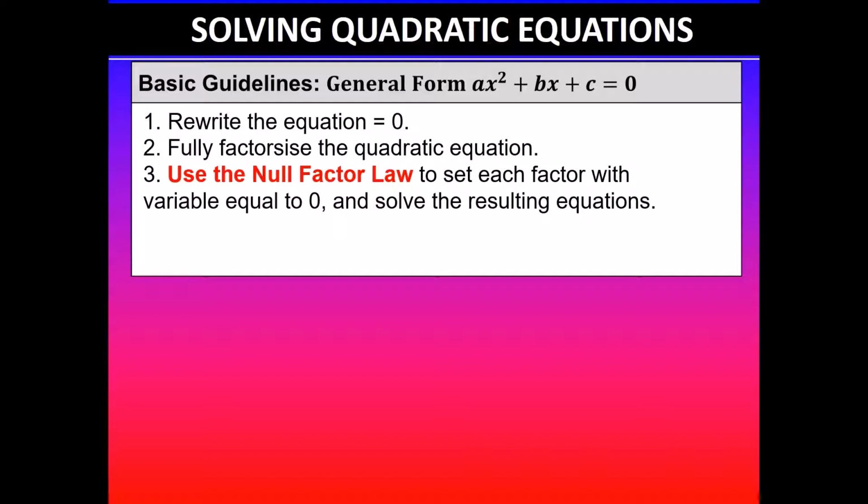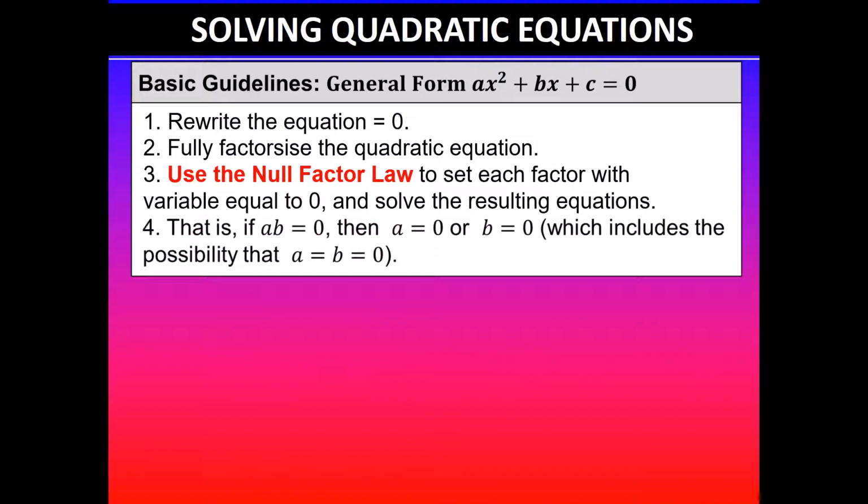What the null factor law means is we can set each of the factors equal to 0 and solve the resulting equations. In general, the null factor law states that if a times b is equal to 0, where a is one factor and b is the second one, then either a must be 0 or b must be 0, because 0 times anything will give you 0, or anything times 0 will also give you 0.